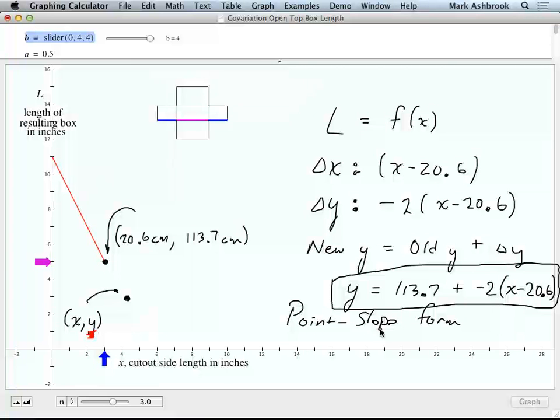Okay. Any questions? So this would be our L as a function of x. For that particular sheet of paper that resulted in this particular point, that will give you the length of the resulting box given any cutout length x.